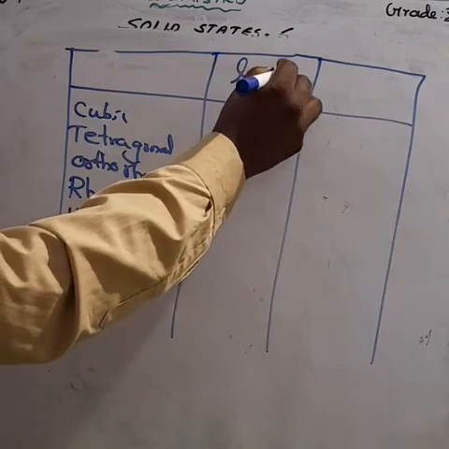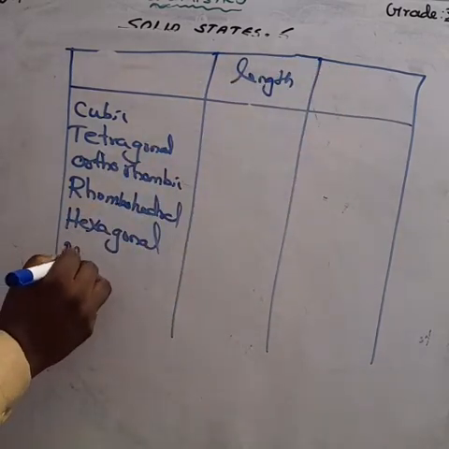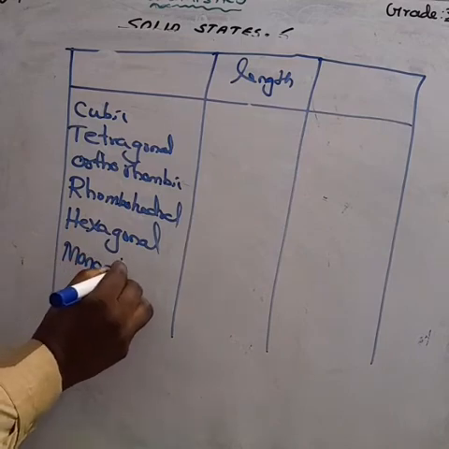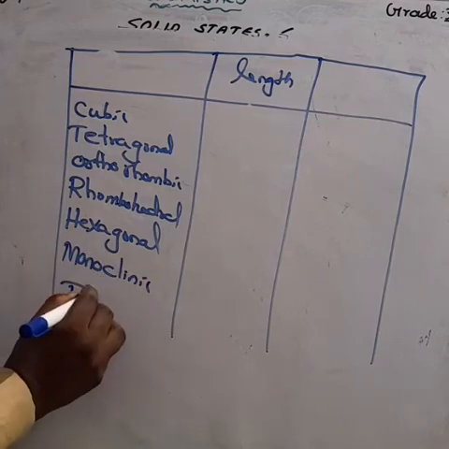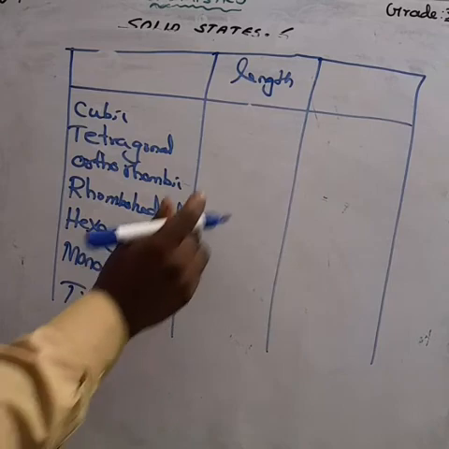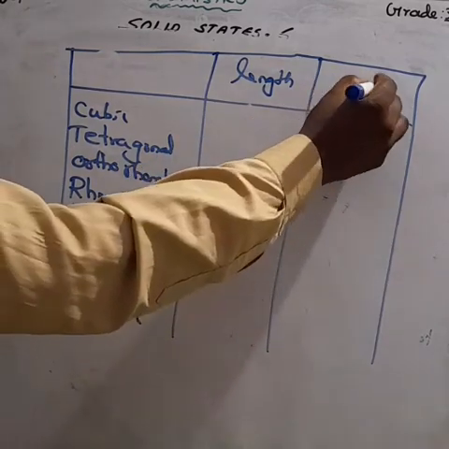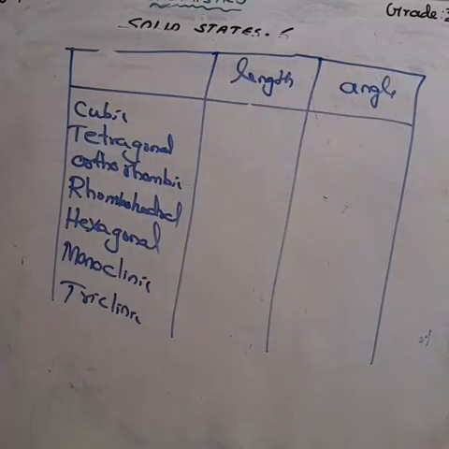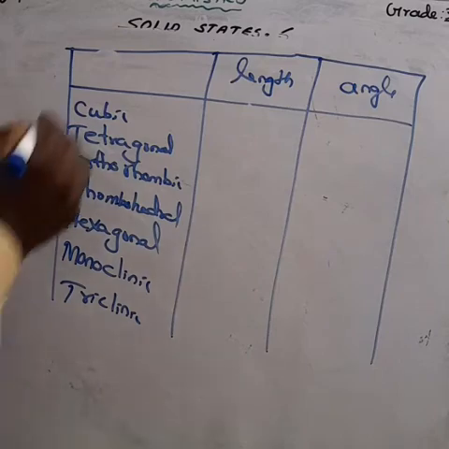Sixth, monoclinic. Seventh, triclinic. Once again: cubic, tetragonal, orthorhombic, rhombohedral, hexagonal, monoclinic, triclinic.